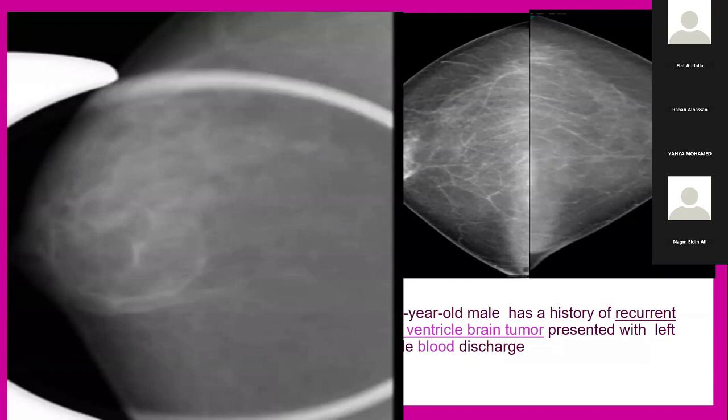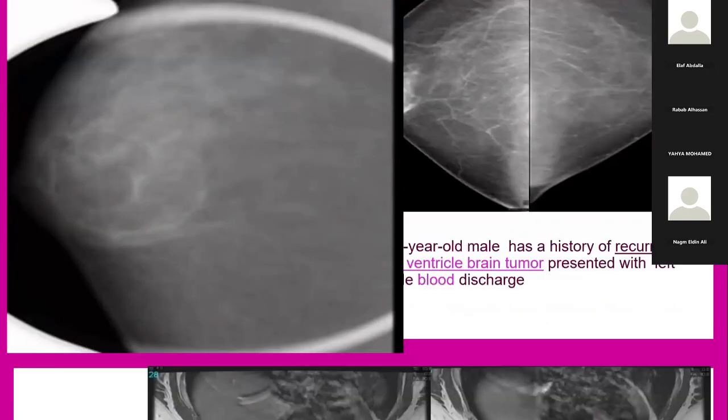Interestingly, the ductectasia on the right side demonstrates low density X-ray appearance, reflecting the predominant internal echoes seen on ultrasound, representing a lipoproteinaceous material.